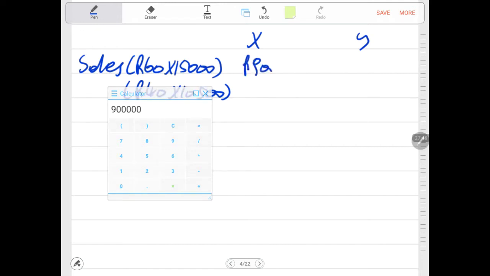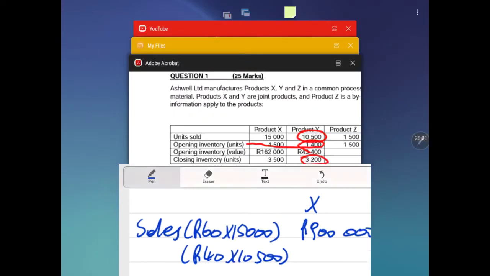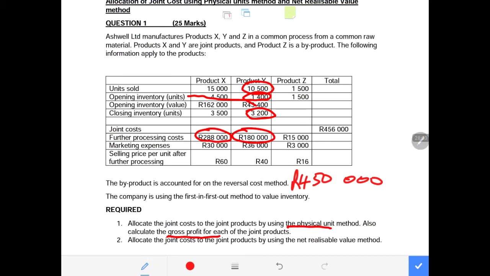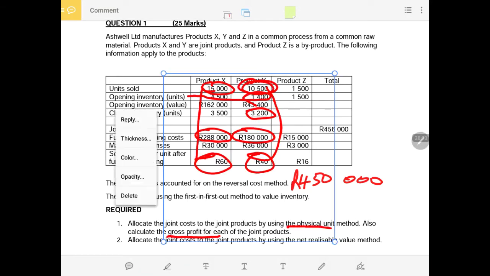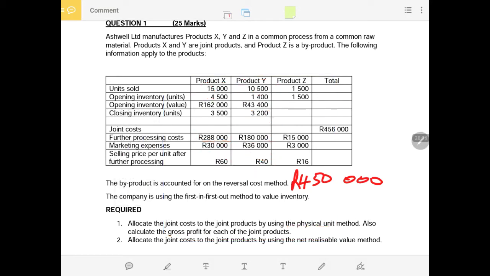Then this gives us 900,000 rands, and 40 rand by 10,500 gives us 420,000. These were our sales in total, which is sales revenue after we've multiplied. We had 15,000 units sold and 10,500 units sold at a price of 60 rand and at a price of 40 rand for product Y. So that's why we multiply by 60 rand and 40 rand.